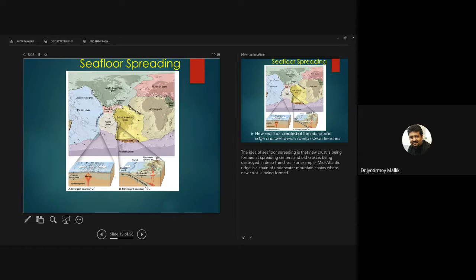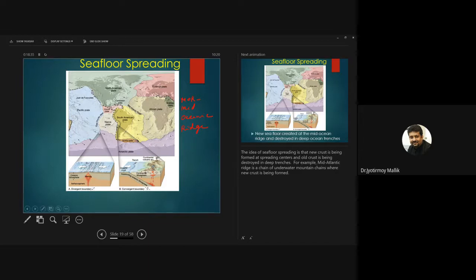Such ridges are also called Mid-Oceanic Ridges, or MORs. That is the spreading center. That is where the seafloor actually starts to spread.